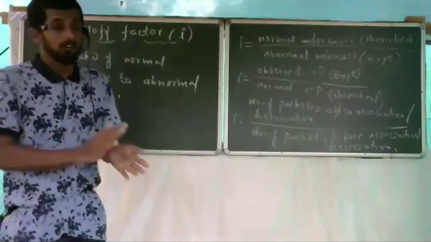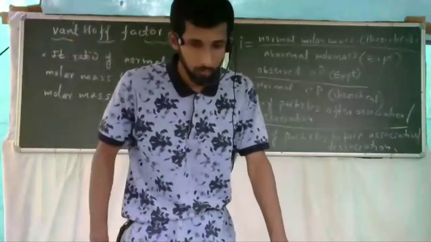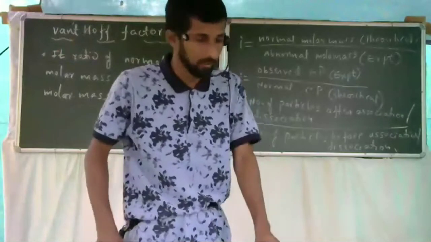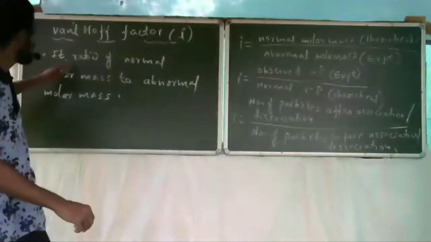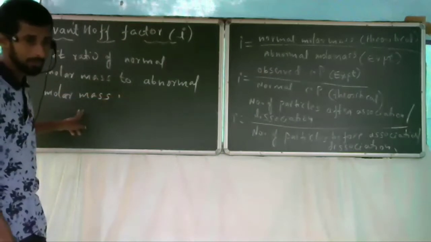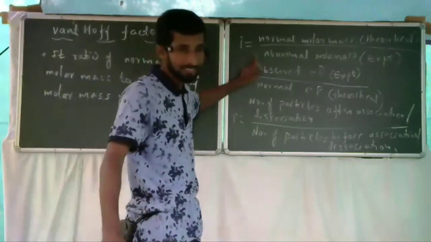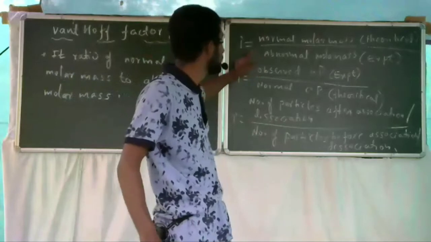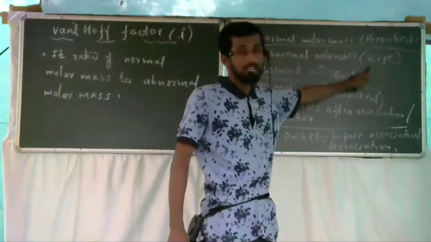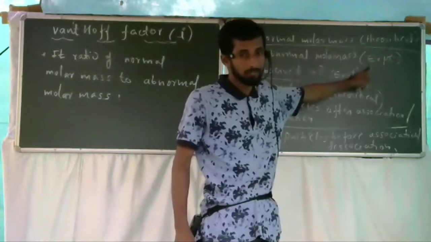This is the definition of Van't Hoff factor. We can write any definition. That is a 2 mark question. What is Van't Hoff factor? Give its expression. Van't Hoff factor is nothing but ratio of normal molar mass to abnormal molar mass. If molar mass is given, we can calculate i by using normal molar mass, that is theoretical molar mass, divided by experimentally calculated molar mass.